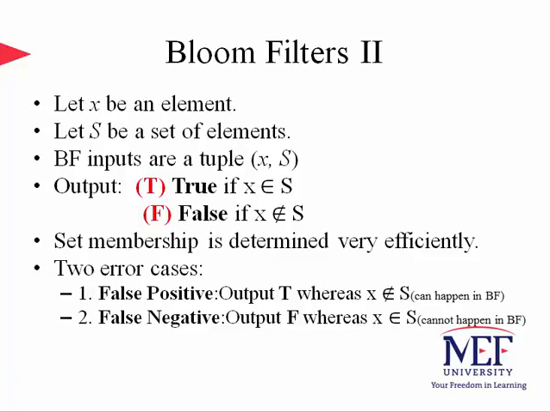There are two error cases. The first is called a false positive. This happens when the output is true while x is not in S. This can happen in Bloom filters. The second case is a false negative. In other words, the output is false while x is actually in S. We will see that the second case never happens. In other words, if x is in S, a Bloom filter always returns true.